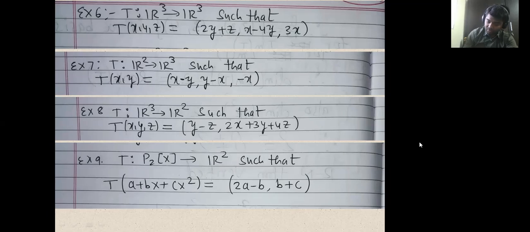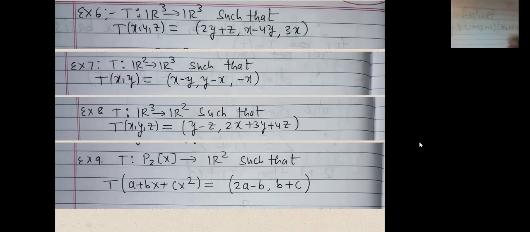T(x) means (y - z, 2x + 3y + 4z), such that (x, y, z) belongs to R3. This is our definition of image, and I have substituted x as a vector in R3.